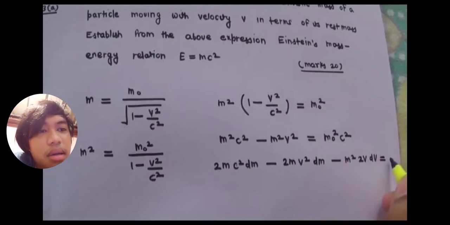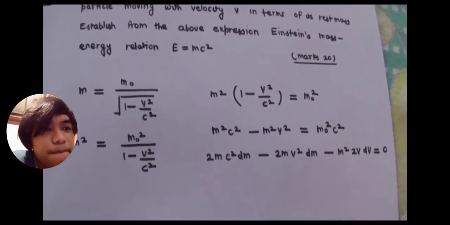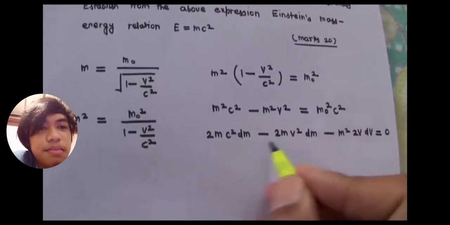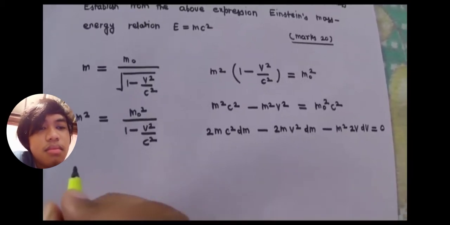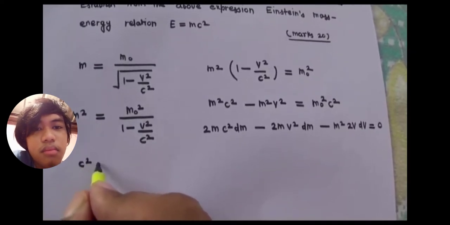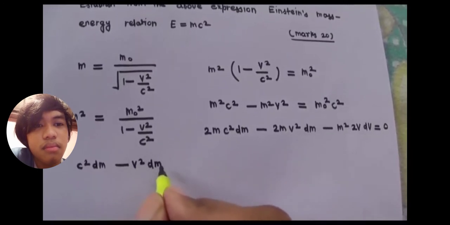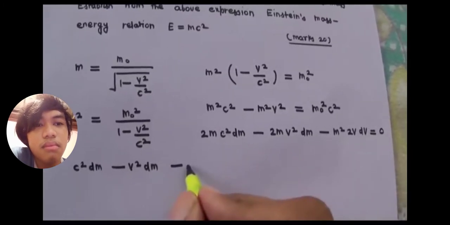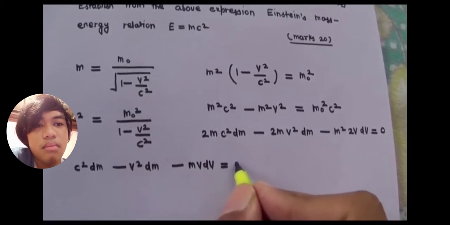Velocity is not constant. It is accelerating. Therefore this equals 0. Divide this expression with 2m. We will get c square dm minus v square dm minus mv dv equal to 0.